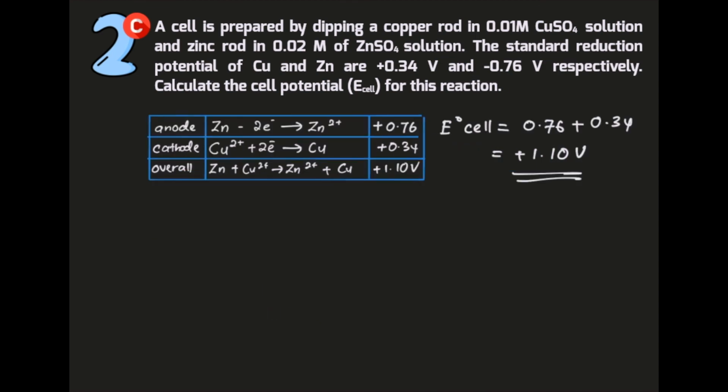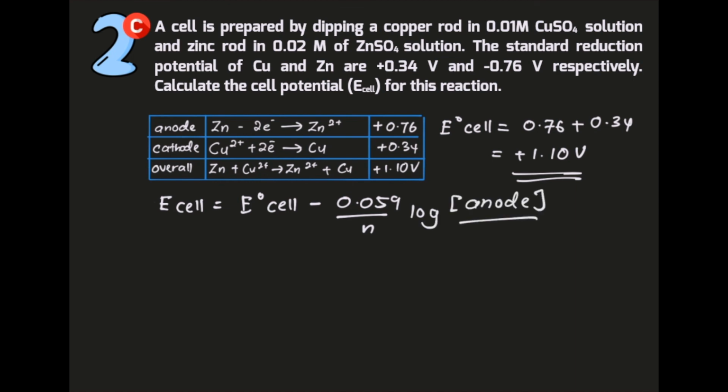Alright, now we are going to calculate the E cell. So E cell is equivalent to the E° cell minus 0.059 divided by n log concentration for anode divided by concentration of cathode. Now your E° cell is the one that you have calculated, 1.10 minus 0.059 divided by n.